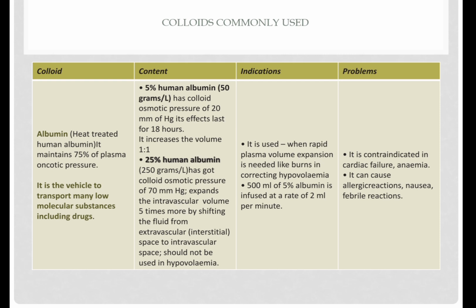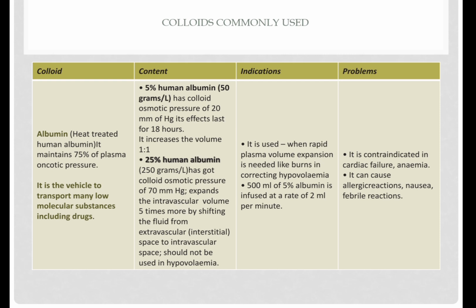It has a colloid osmotic pressure of 70 millimeters of mercury, while 5% has 20. It expands the intravascular volume 5 times more by shifting fluid from the extravascular or interstitial space to the intravascular space. It should not be used in hypovolemia.